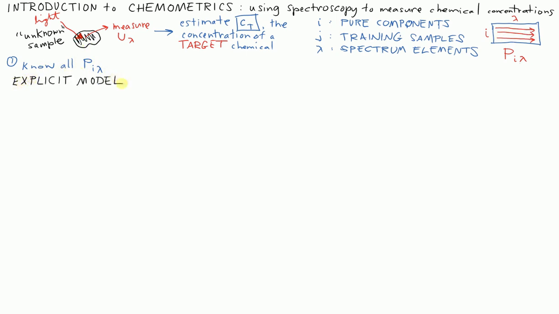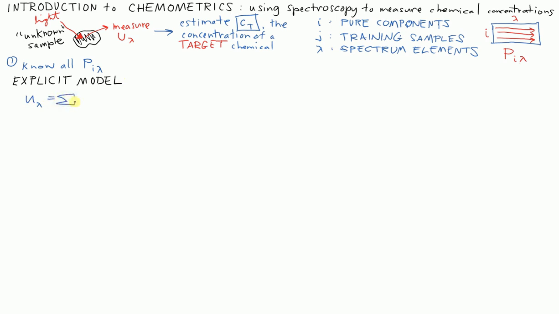And we call it that because we can actually make a full, rigorous set of assumptions and model mathematically what's going on here. And what we would say is that the spectrum we measured, U sub lambda, that vector of numbers, it's just a weighted sum of all of the pure spectra, the pure components, I would call them.